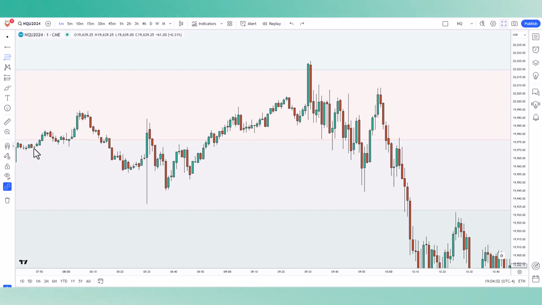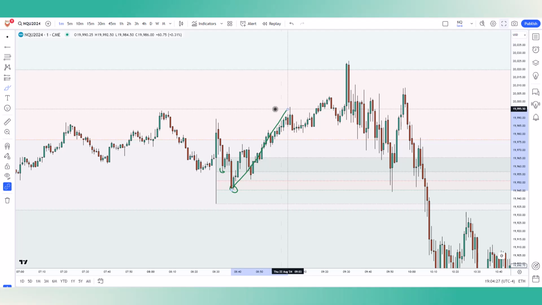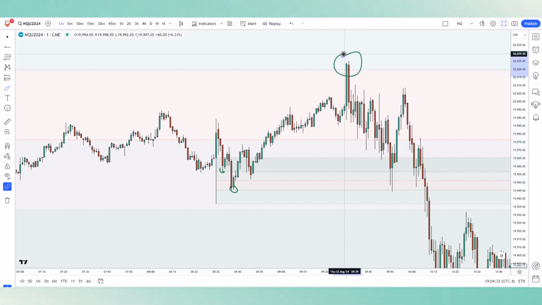We have the hidden S&D in here, and this was the 8:30 news. And as you see, what we did, same thing for the 30, 50 and 70. We tapped in at the 30, left the range, then we came at the 70% and left the range, taking these highs, mitigating that swing on the hourly time frame.